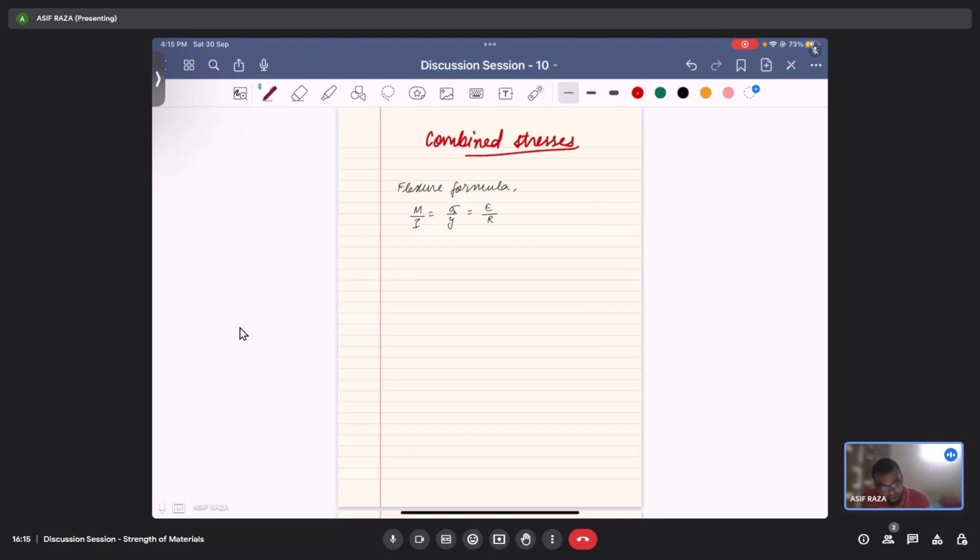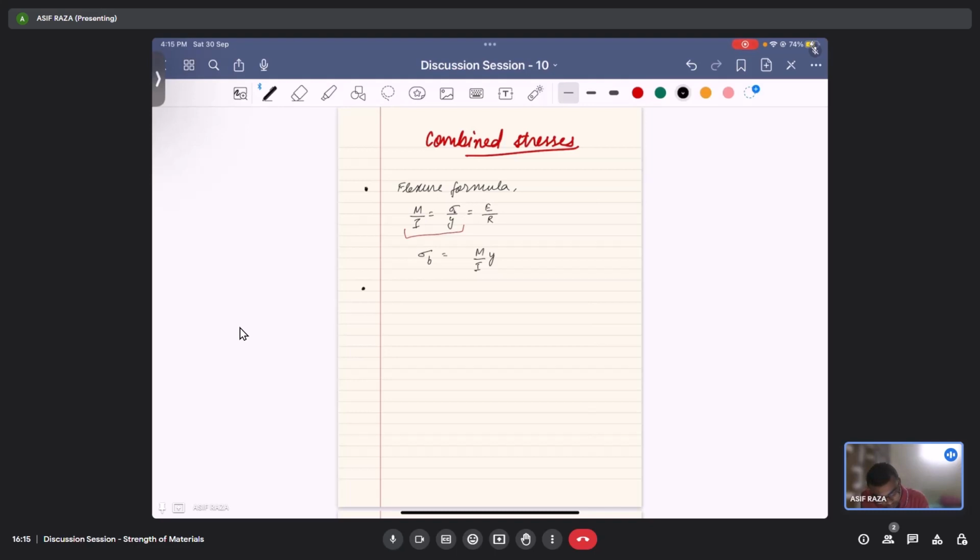Now, for this, I'll use the first two relations and write sigma b is equal to, okay, this is the first one.